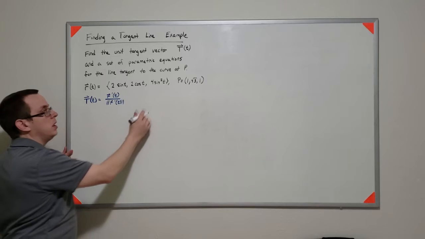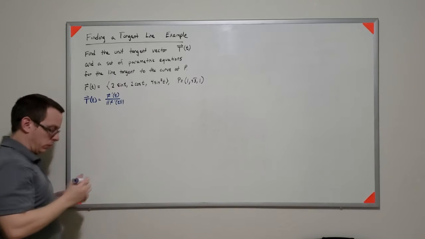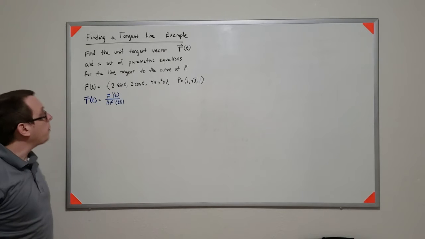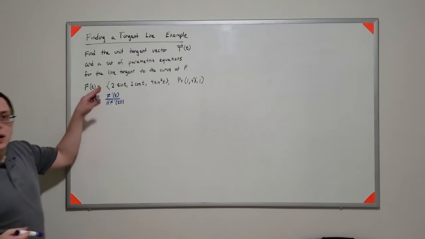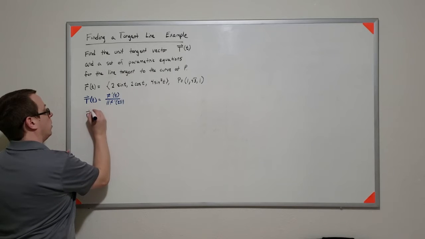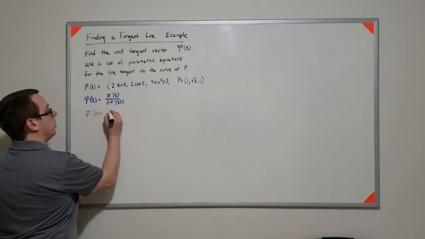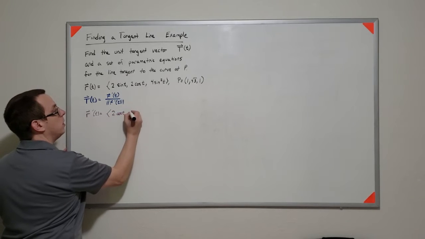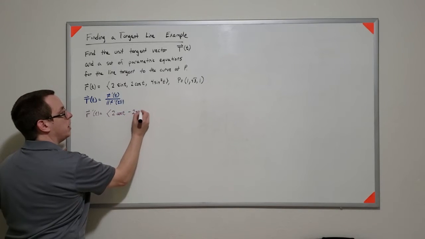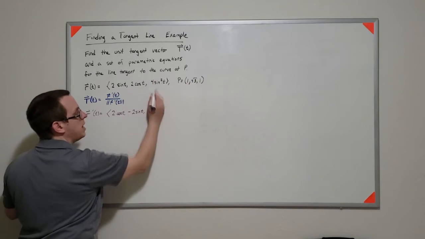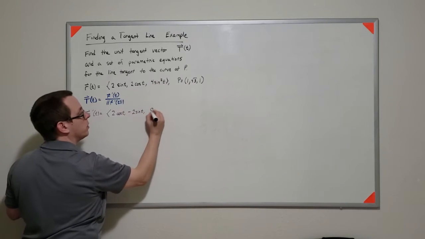So let's find r prime. r prime of t is 2 cosine t, negative 2 sine of t, and by the power rule, that becomes 8 sine of t times the derivative, which is cosine of t.